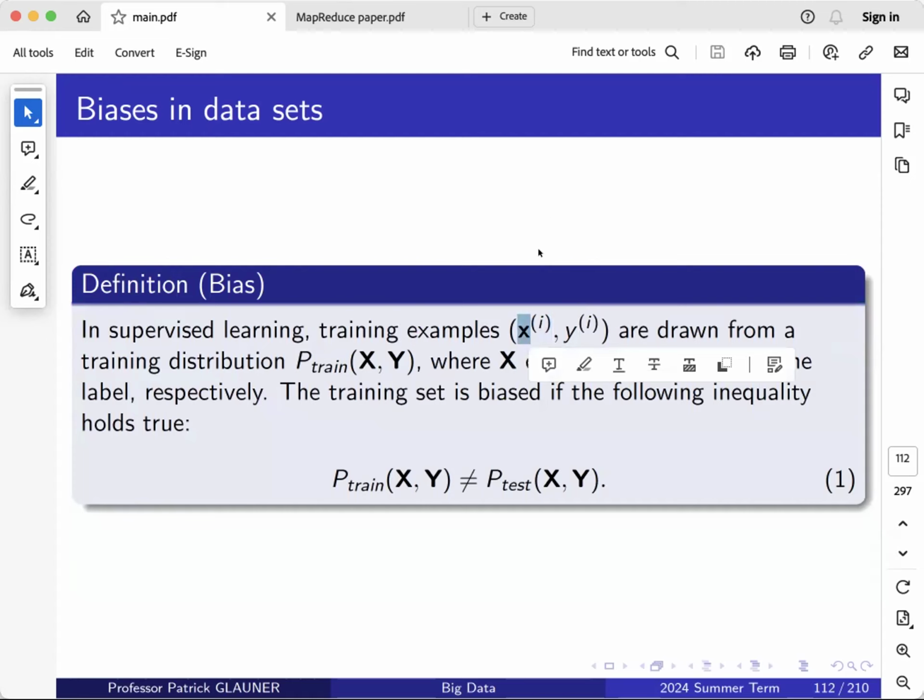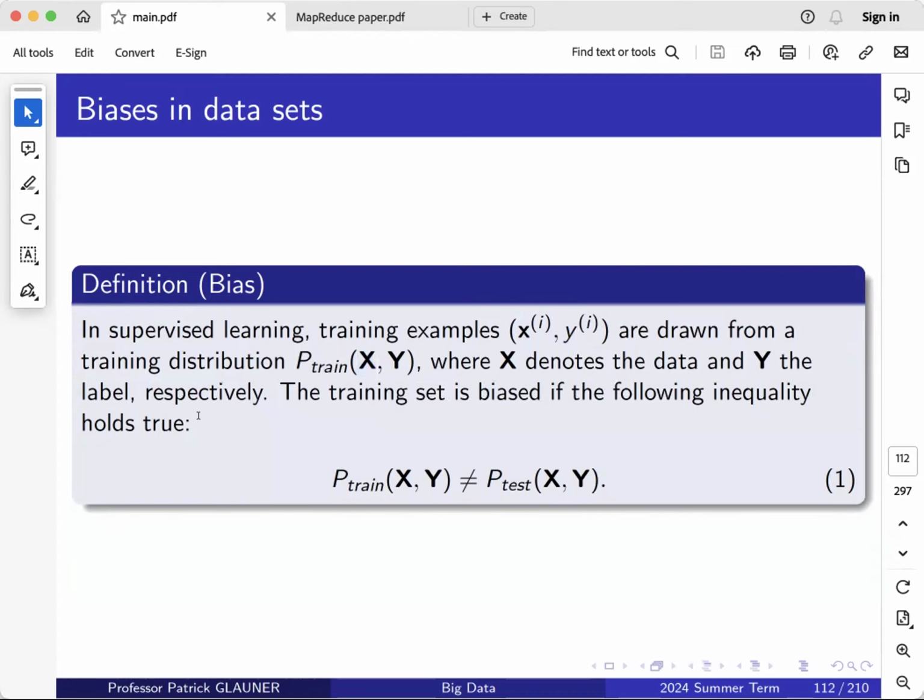And X is in bold because it's a vector, because it could be more than just one entry. It could be multiple entries in that sample. And we have a corresponding label Y. And we are drawing this data from a training distribution, P-train, where capital X denotes the data and Y the label.